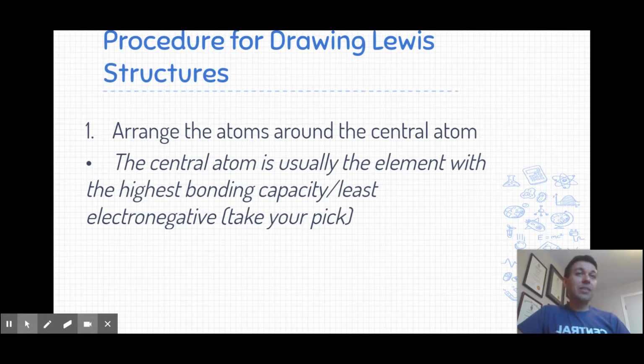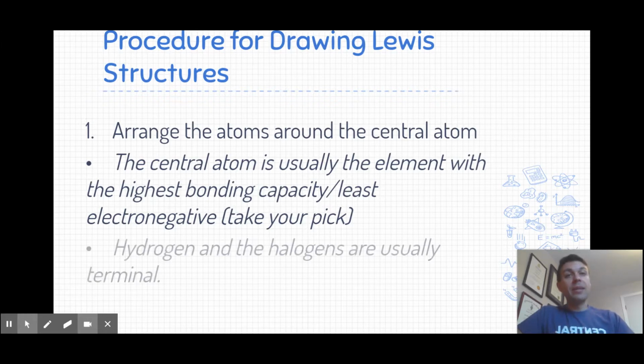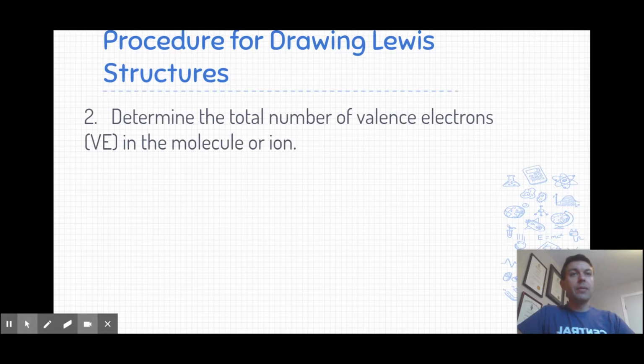Our first step was to select the central atom and arrange the other atoms, the terminal atoms, around that central atom. Recall that the central atom was the one that's the least electronegative. Hydrogen and halogens are usually terminal atoms. Next, we calculated the total number of valence electrons between all of the atoms in the molecule or polyatomic ion.